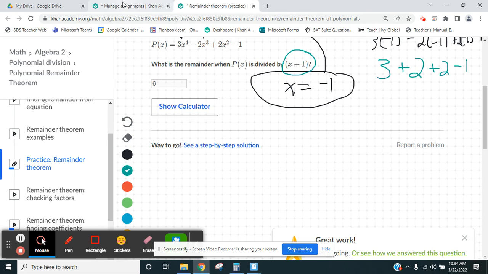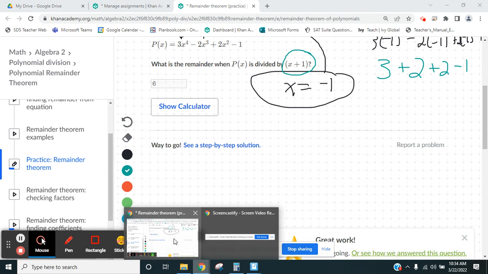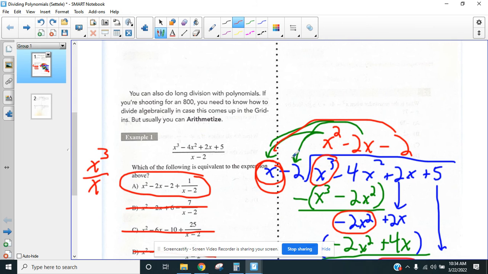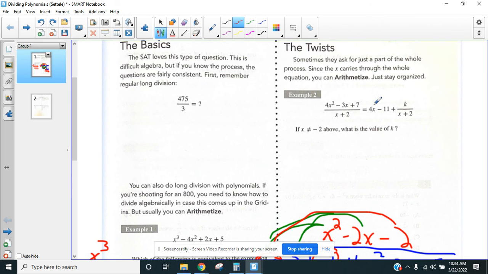Take a look at your sheet now that I just gave you. Take a look at example 2. Example 2 is asking about what is k. If you remember, the first question we did from your packet, I said, what's this number called? The one on top of the fraction there? The remainder. This is where the remainder is.